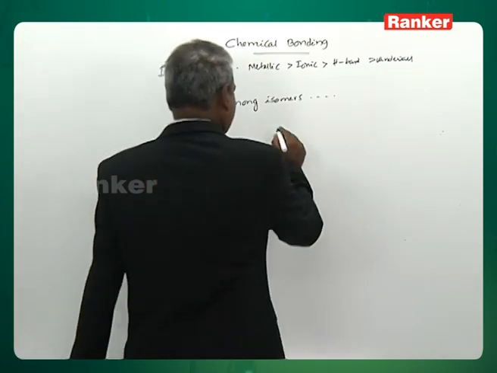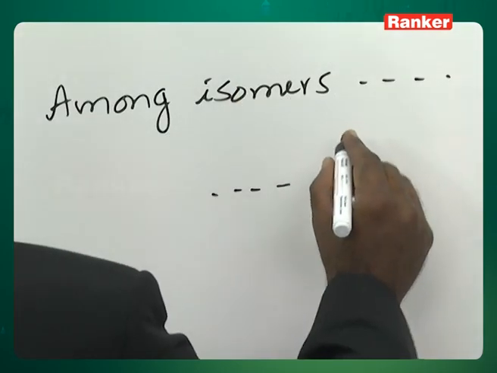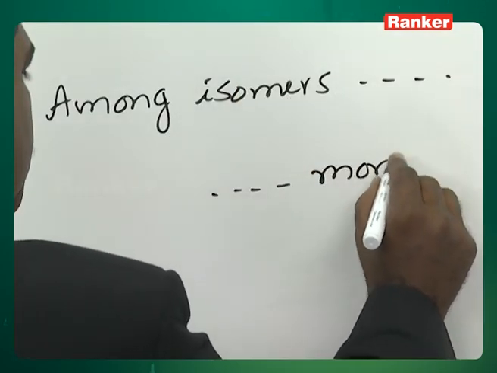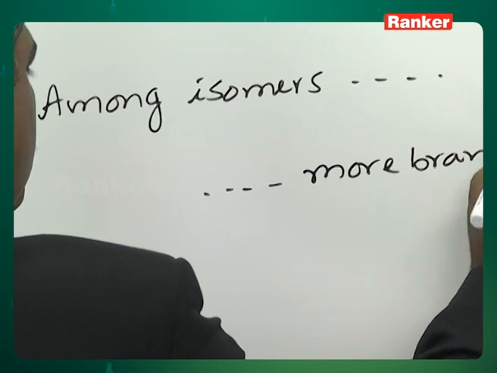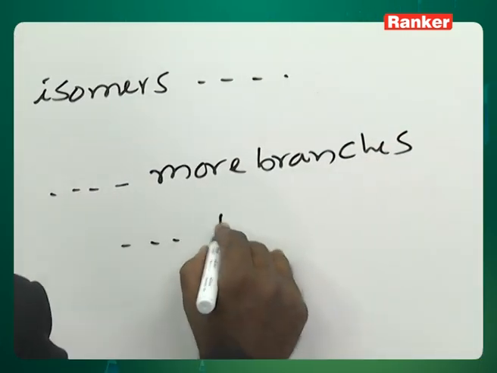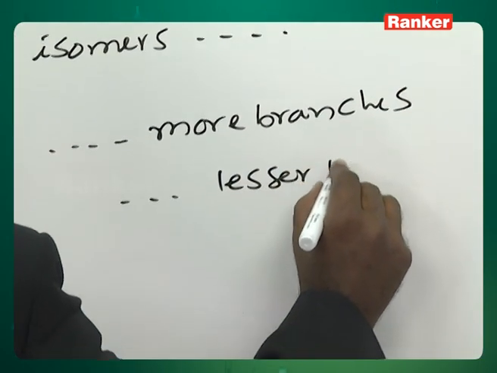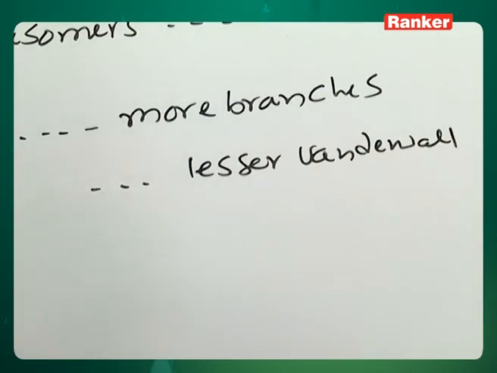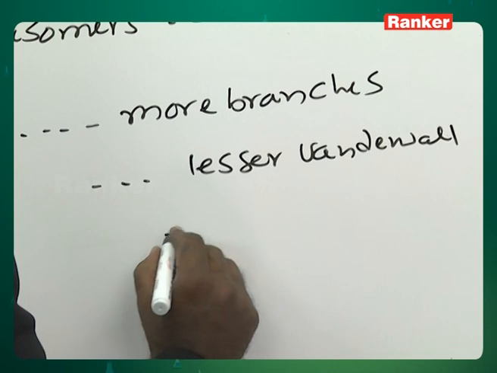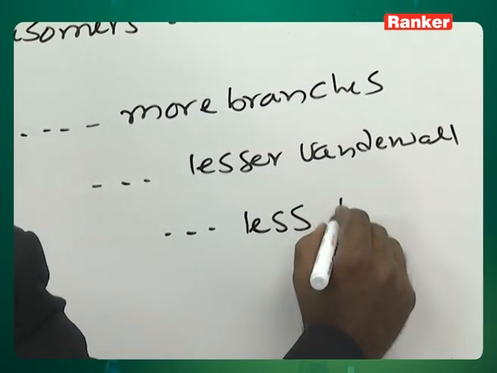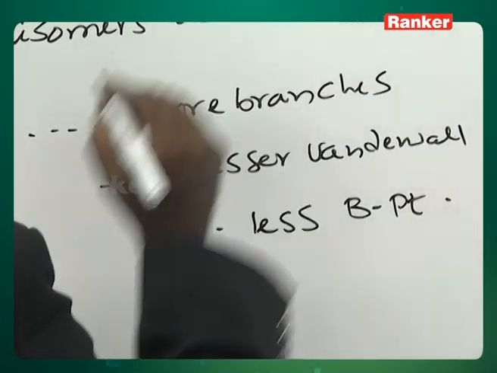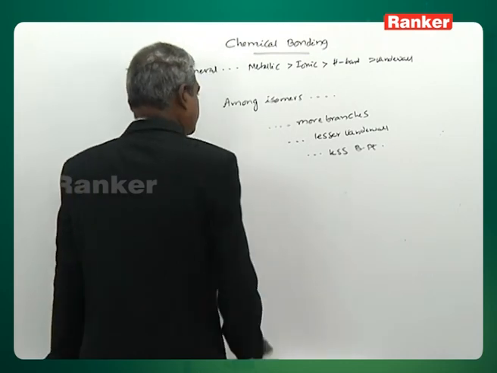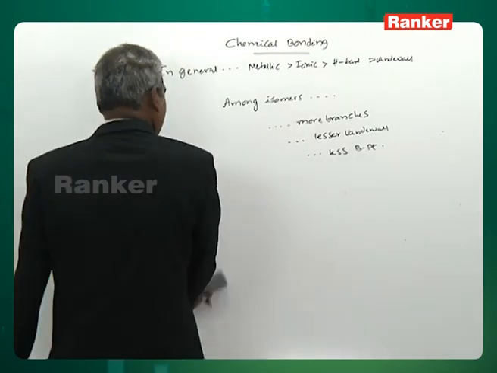So among isomers, what will happen is more branches, less van der Waals force of attraction. Whatever be the reason, let us not go into those details. Less van der Waals, less boiling point. Among isomers, more branches, less boiling point.